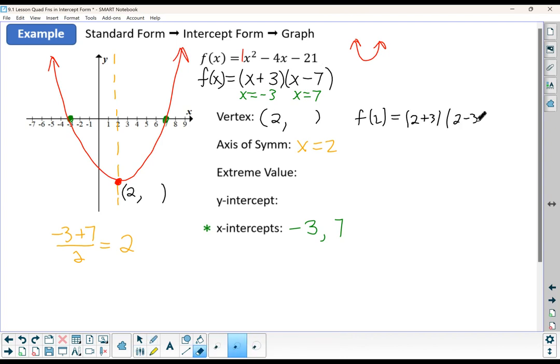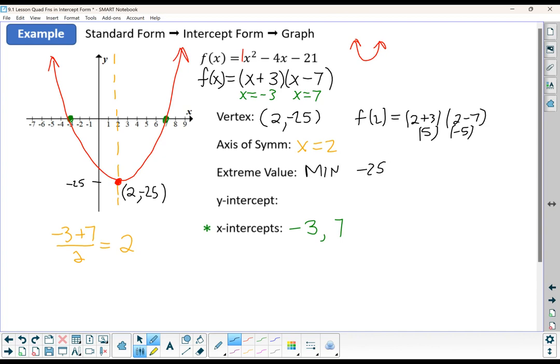Whoops, that's a 7. 2 plus 3 is 5. 2 minus 7 is -5. When I multiply those two together, I get -25. So that is the y value of my vertex, a negative 25 on my y-axis. So the extreme value is that we have a minimum of negative 25.